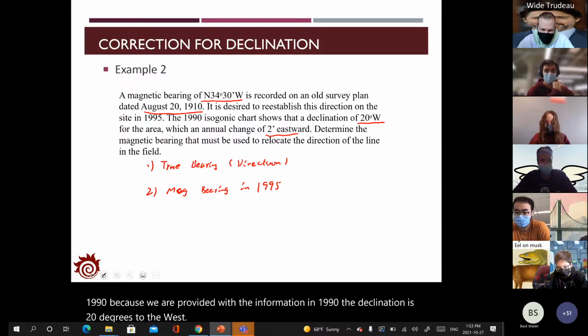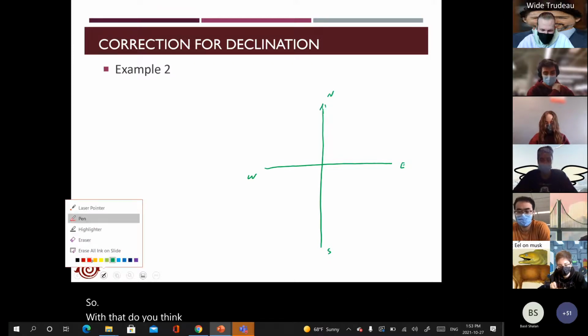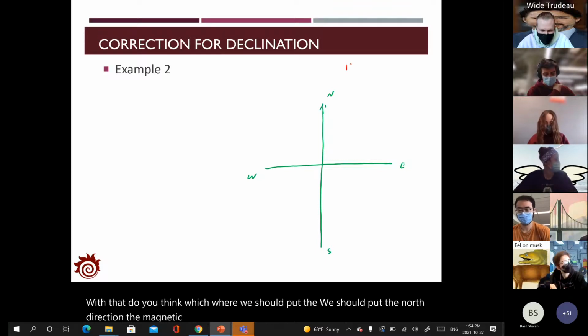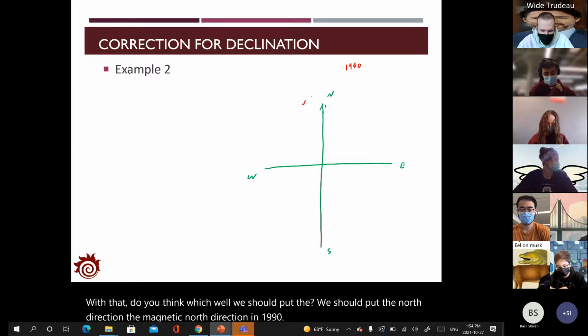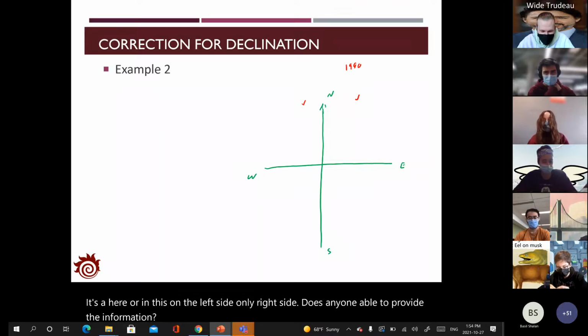So with that, where do you think we should put the magnetic north direction in 1990? Is it here or here, on the left side or on the right side? Is anyone able to provide the information? The left side. Yes, the left side will be right.